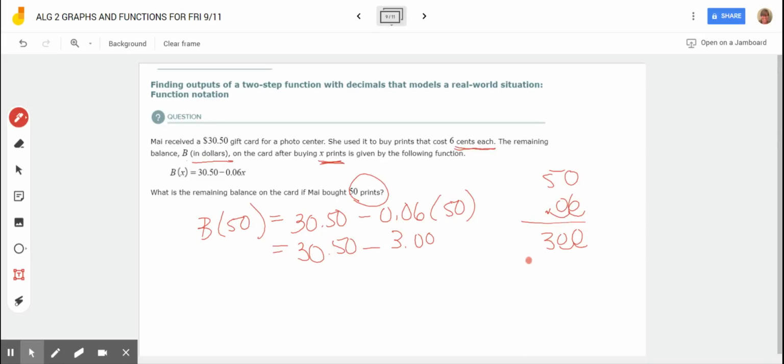I multiplied it. It doesn't really matter that that's going to be 0. It's just the same, and you move it over twice. It's $3. So B of 50 is equal to $27.50. That's how much she has left on her card. Wow. She can get lots of prints for 6 cents each.